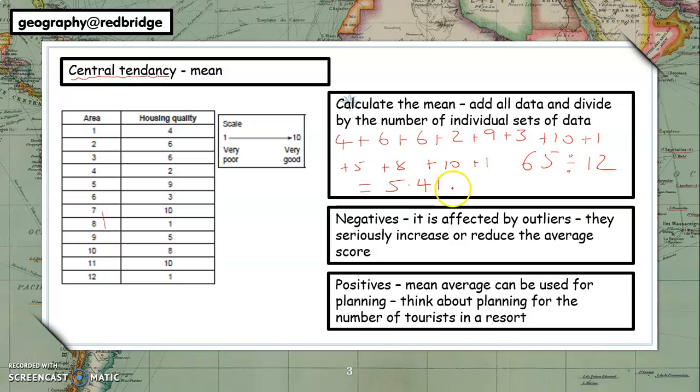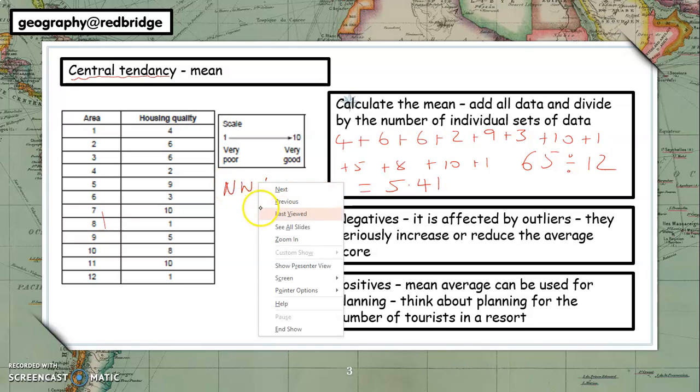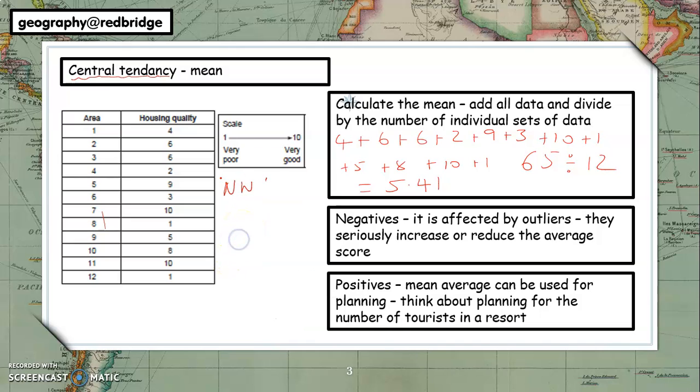Now you must be very careful, because sometimes they ask you to give it to the nearest whole number, or to 1 decimal place. To the nearest whole number, that comes out as 5, and to 1 decimal place it equals 5.4, because the 1 you just round down to the 4.